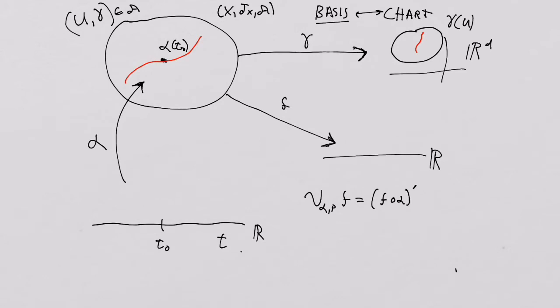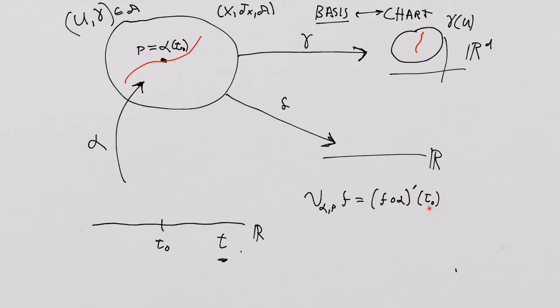Of course that derivative is going to be with respect to t, and it's going to be taken at the point t0, which is at the point P. I should write this down, that P equals that. So this is just the definition. This is how we created these vectors, which I can now call vectors. We've created these vectors that are living in the tangent space at P, and this particular vector is based on some curve alpha, and it's working on some function f. This is the basic way of defining that thing.